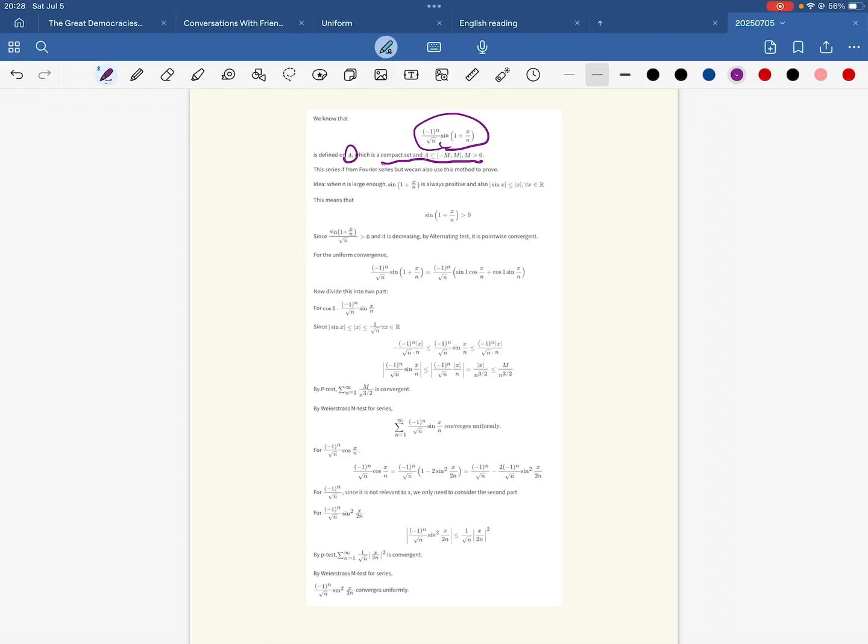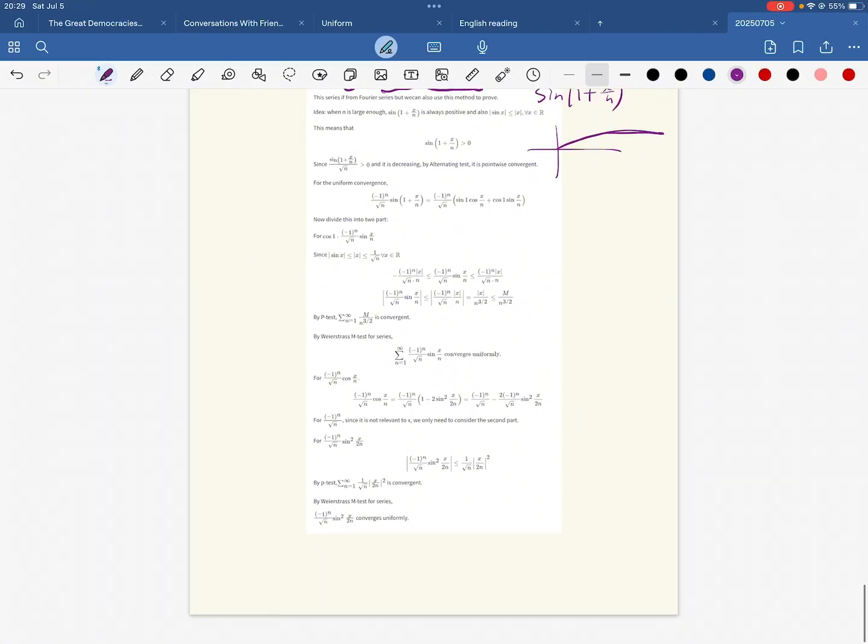Firstly, for pointwise convergence, we use the alternating test. The main idea is to think of n going to infinity, and sine 1 plus something; actually this period is very large, so it's always increasing. So this term is decreasing and always positive, and we could use this alternating test, or say decreasing test, to prove that.